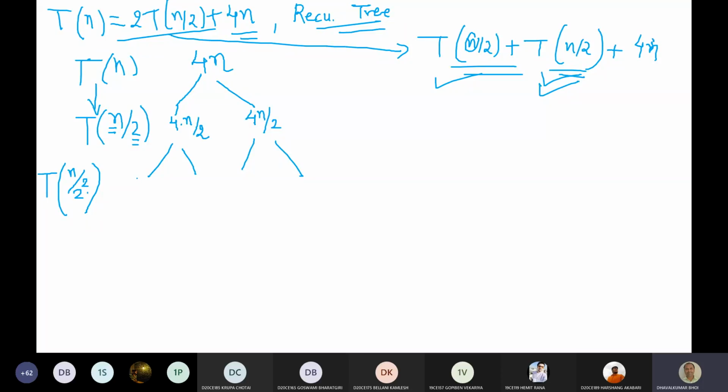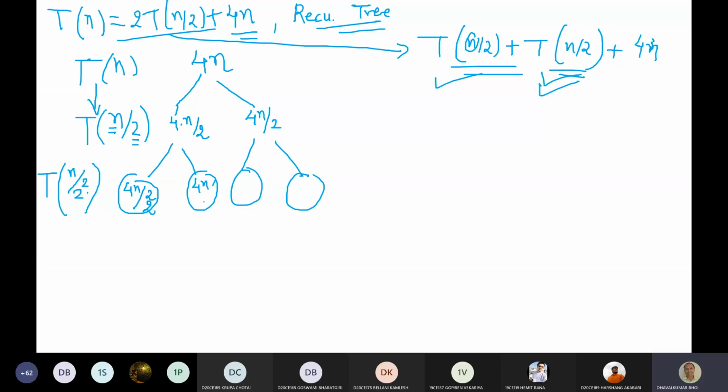So what is to be written here? Can anyone tell me what we will get here? 4n divided by, please complete the statement. 4n divided by 4, or we can write it like this, 4n divided by 2 square, right?